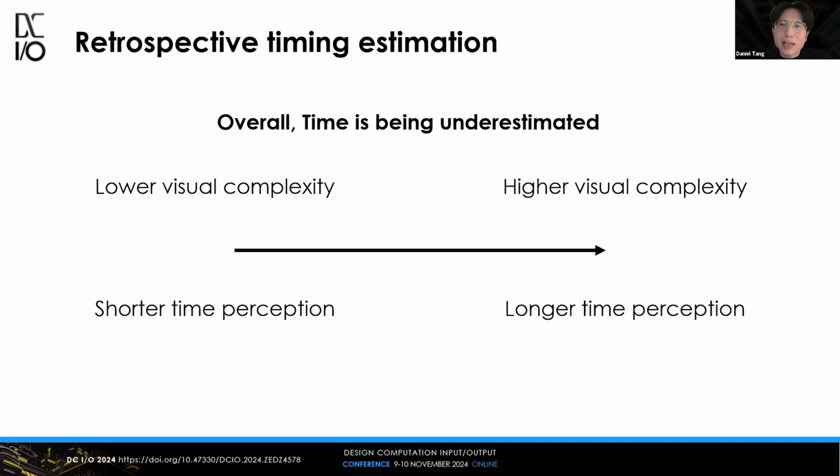The key is whether the underestimation rate would be influenced by the visual complexity. We expected a more complex image would cause a high cognitive load, resulting in less time underestimation. That is, time runs slightly longer in perception compared to a lower visual complexity, simply because a more complex image would have more information for our memory to reconstruct the time.